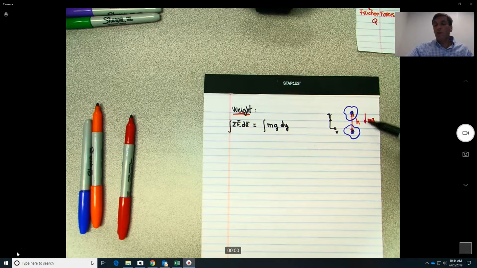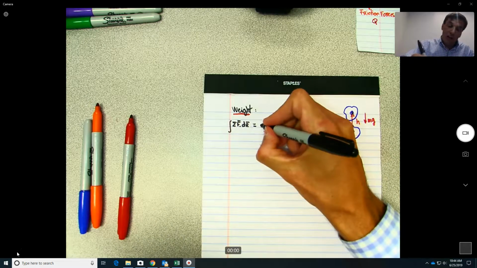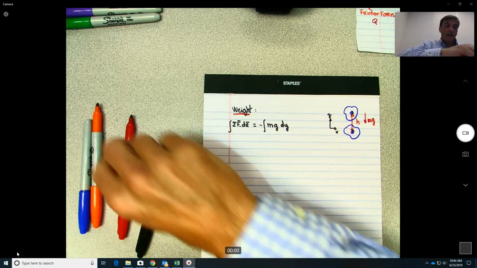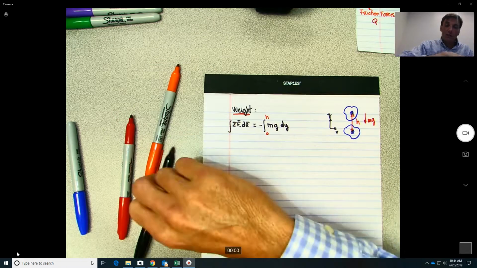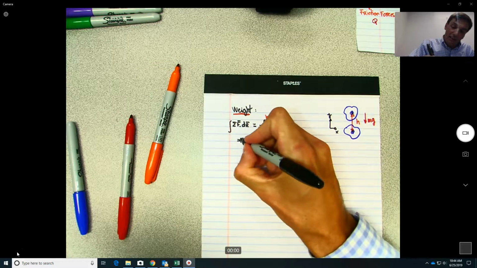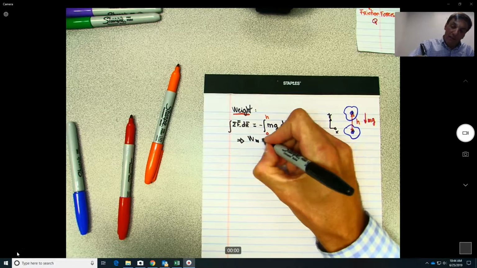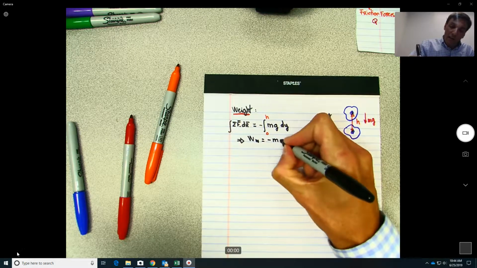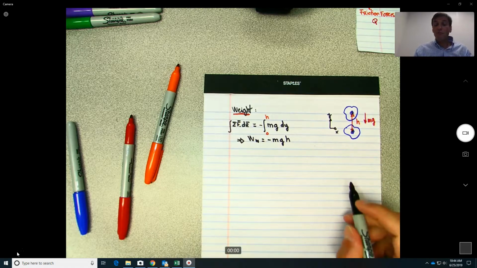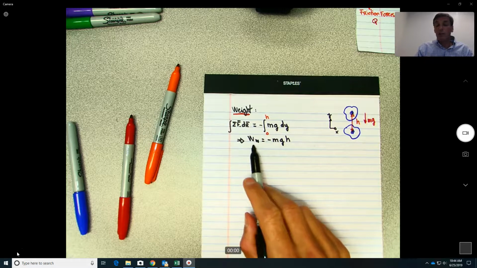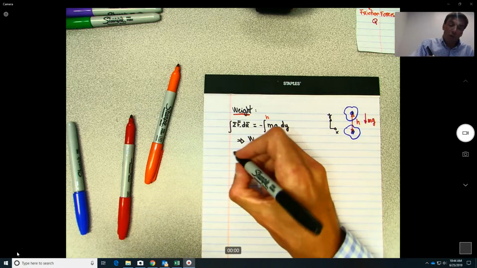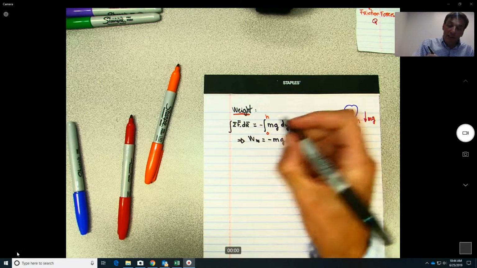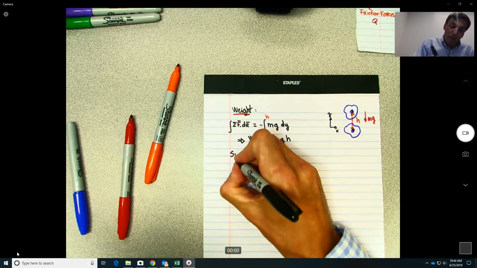Okay, what's important over here is that you see that the weight goes against the positive y, so actually this becomes negative, and if you look at the figure you can say that the change in height is only between 0 and h. So basically at the end we get that the work done by the weight is equal to minus mgh. And maybe you recognize that this is actually the potential energy done by the weight. Okay, so now if we look very quick at another case, let's say spring force.